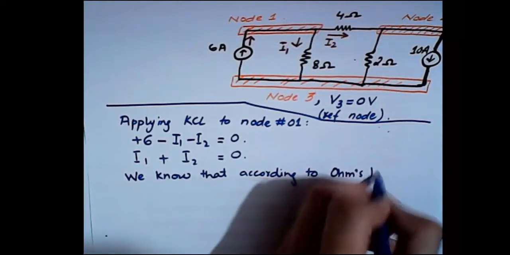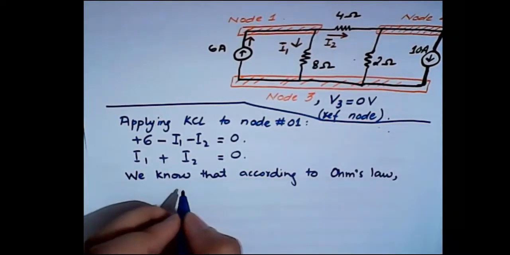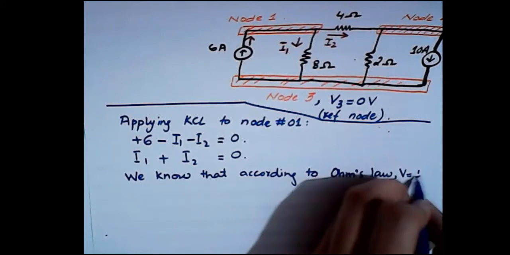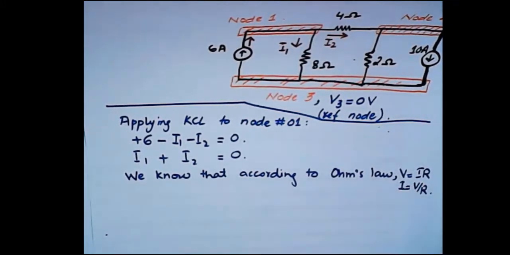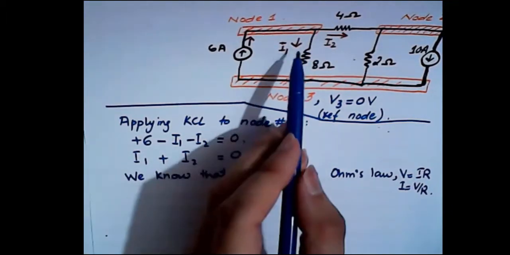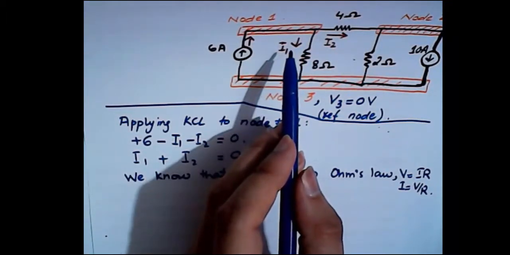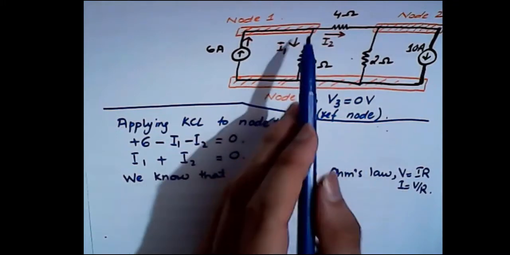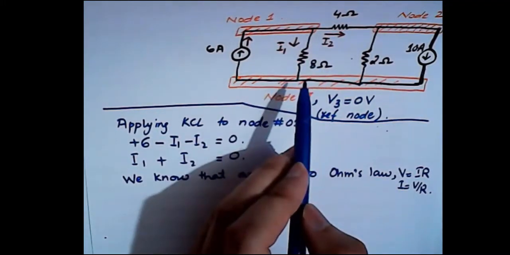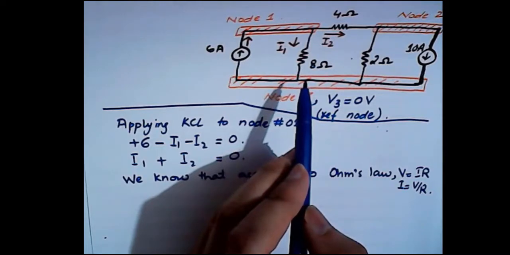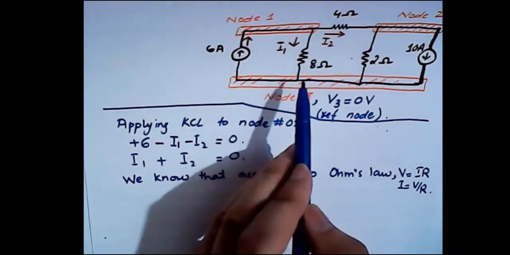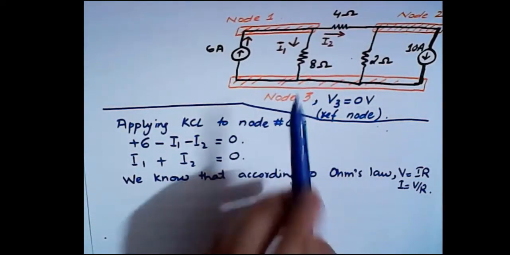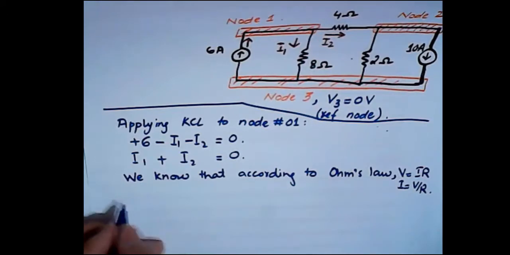According to Ohm's law, V is equal to IR, that makes I equal to V divided by R. So I1, here you can see this is I1, is flowing between these two nodes, node 1 and node 3, and we know that current flows from the higher voltage level to the lower voltage level. So the value of current is delta V divided by resistance.